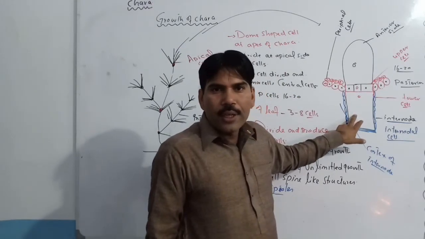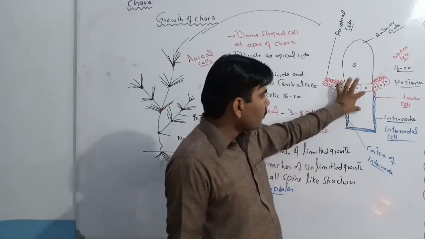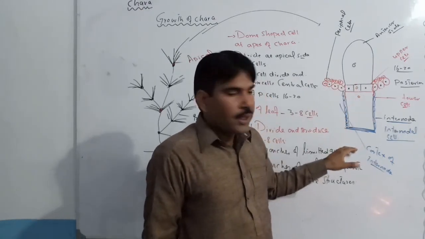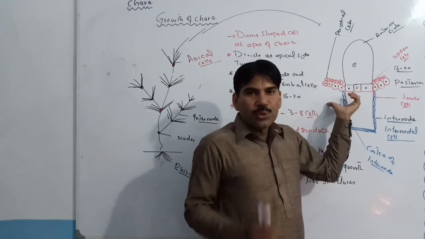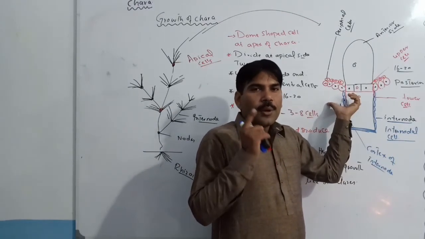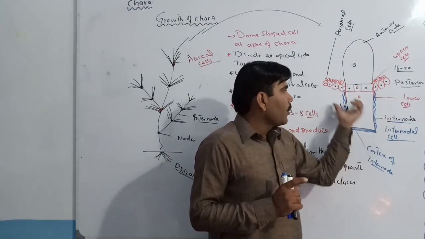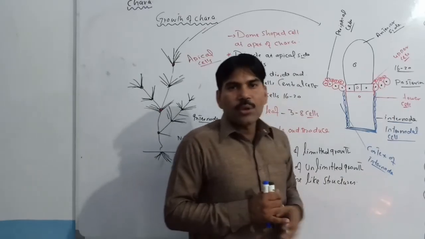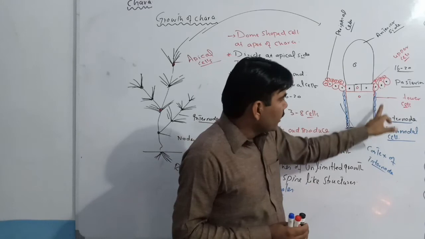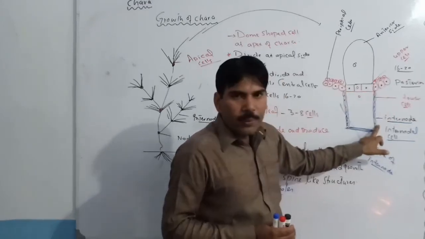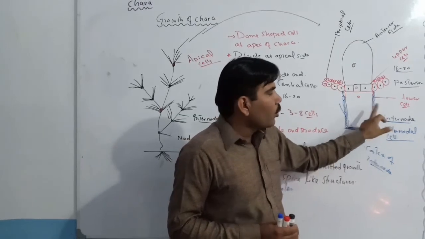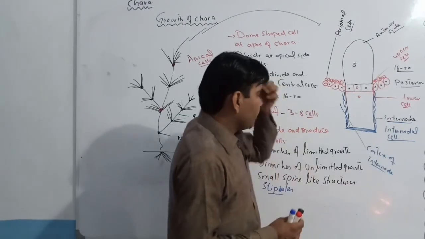What is the internode? The internode is basically the distance between two nodes, and this internode is composed of only a single cell. But keep in mind, it is covered by a single layer of cells, and such type of cells are known as cortical cells. And the structure which is formed as a result of formation of these cortical cells is known as the cortex.